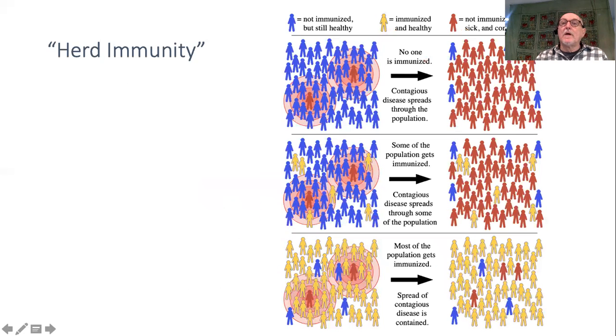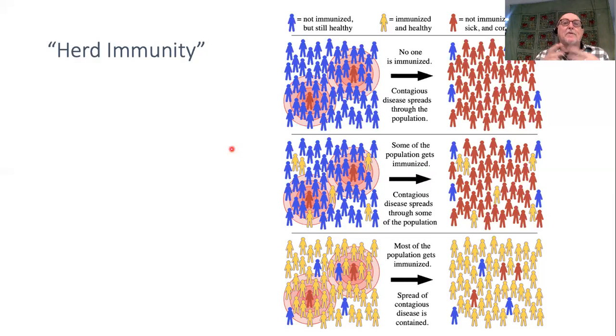Okay, so also, I'm afraid, a highly political issue, but one that you need to understand, is this idea of herd immunity. So here is a simple, graphic explanation for you of what herd immunity means.